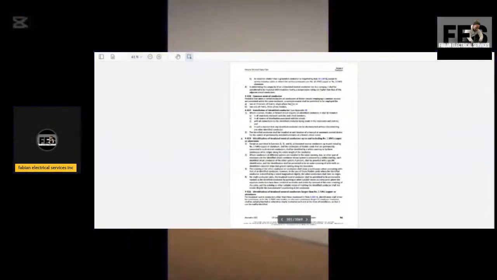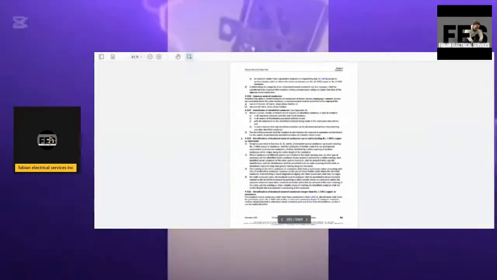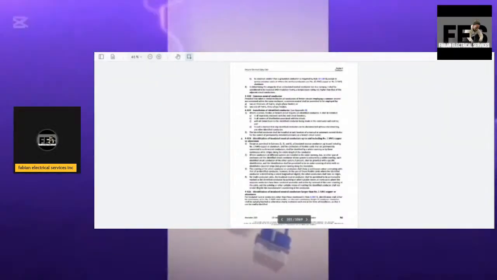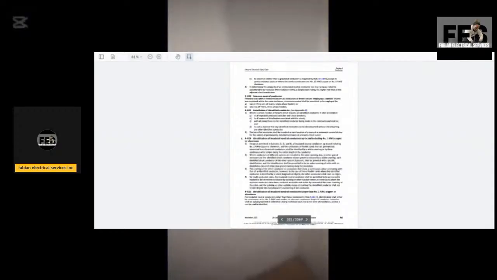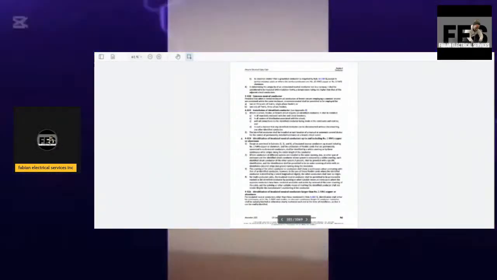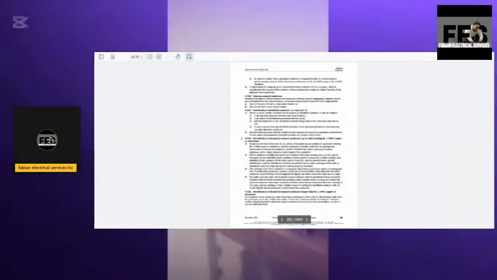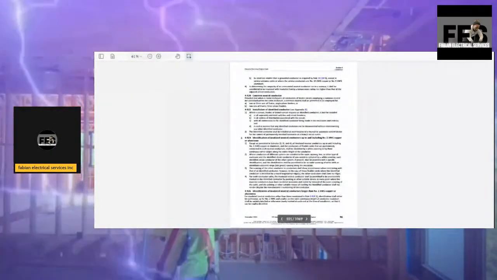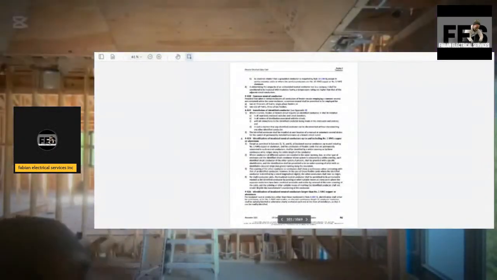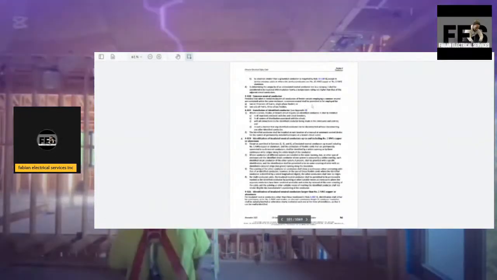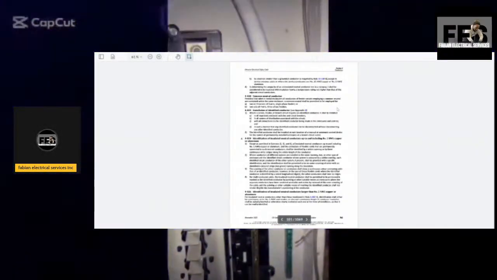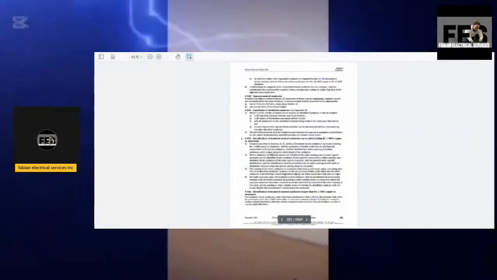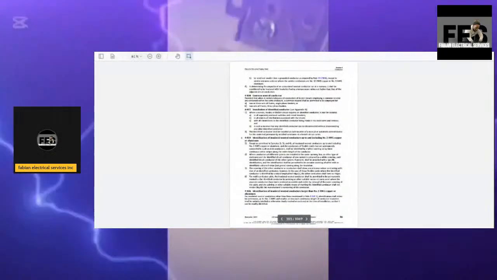So it says here, common neutral conductor, provided that when in metal enclosure, all conductors of feeder circuits employing a common neutral are contained within the same enclosure, a common neutral shall be permitted to be employed for 2 or 3 sets of 3-wire single-phase feeders, or 2 sets of 4-wire 3-phase feeders.